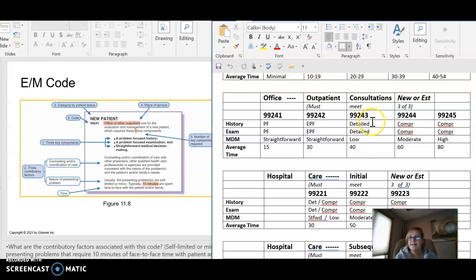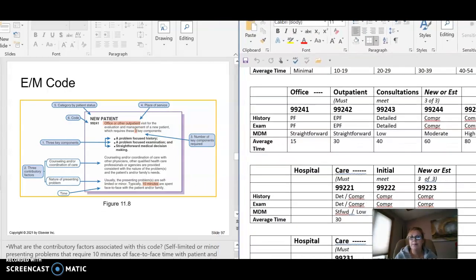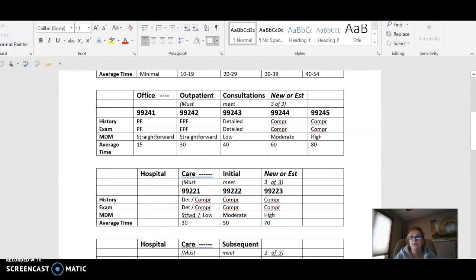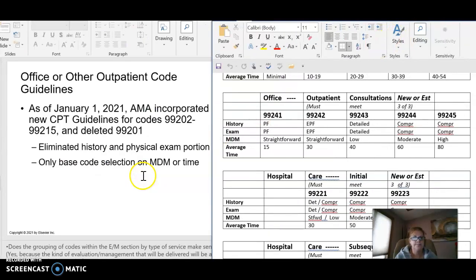Since I need 3 of the 3, I can't upcode. I can't go up to a 99244. I have 2 that meet 99244, but I need all 3 of them in that same column. So I have to give that patient a 99243, since I need 3 out of 3 key components. So you can never upcode. You're going to downcode, but you can't upcode.